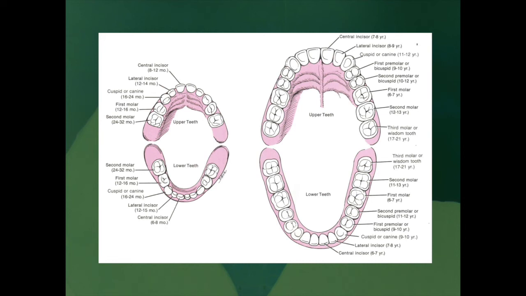So they incise and tear, just like the incisors are more for the shredding of food or the incising cuts with regard to the food surfaces. The cuspids, the canines now, are going to do a little bit of both, but in their purest form, they really are designed for gripping and tearing.